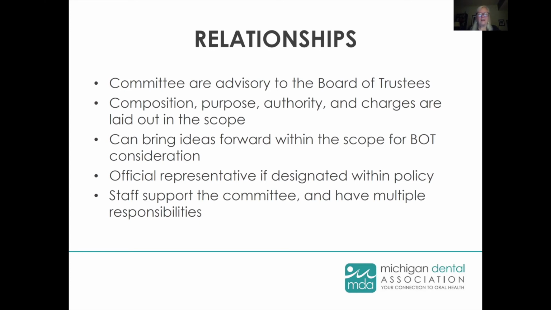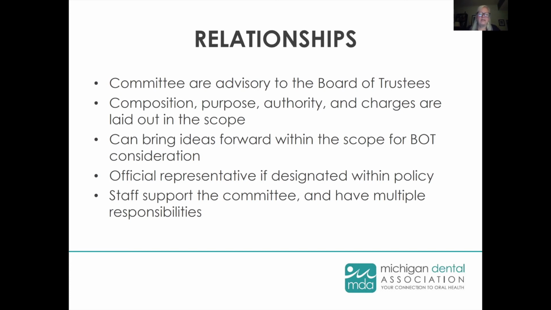I will say that authority has to do with what decisions are delegated to you by the Board of Trustees. Some committees are entirely advisory and bring all their recommendations directly to the board. Other committees have a certain authority that they can act within their scope and make decisions.